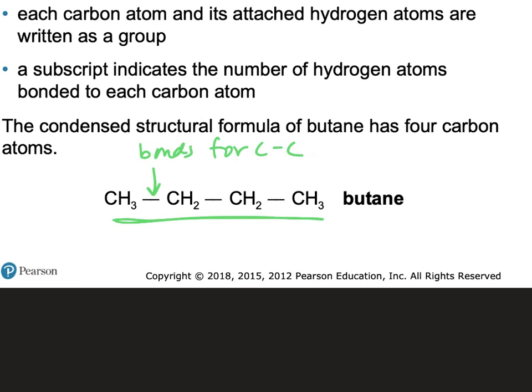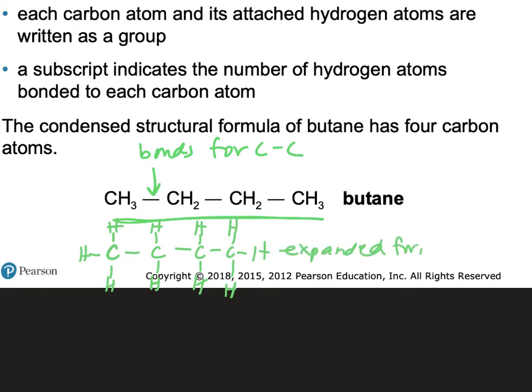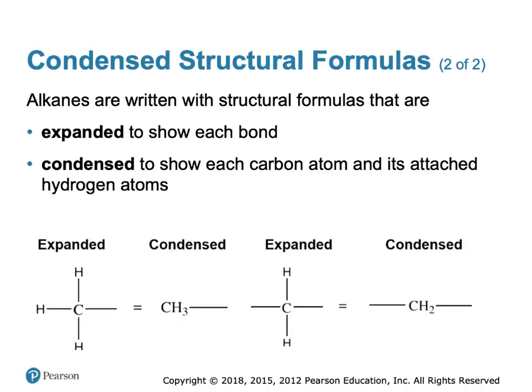So if I was to draw this out in expanded form, you would see the individual hydrogens bonded to each carbon. So this would be that expanded form. We saw this in the first video. So here again, this is just emphasizing that difference between the expanded and the condensed structural formulas.